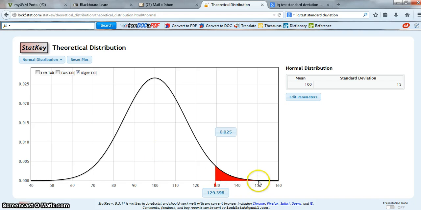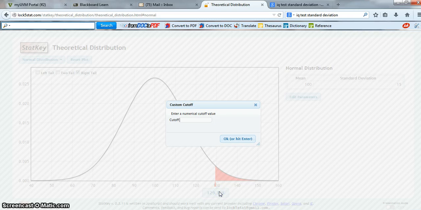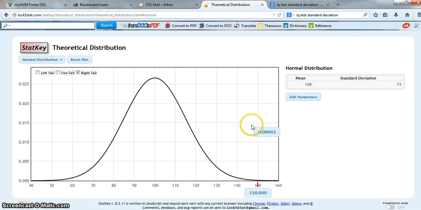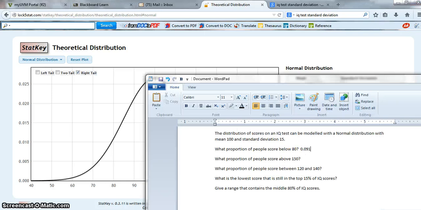So I set my cutoff value to 150, and it tells me the area out here is 0.00043. Very, very unusual. Okay, so that's our answer to the second question.